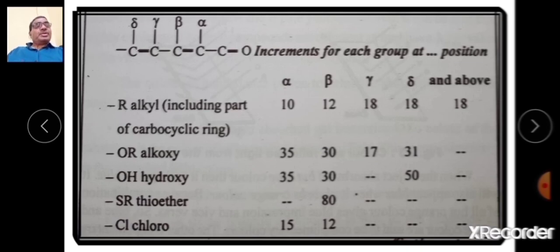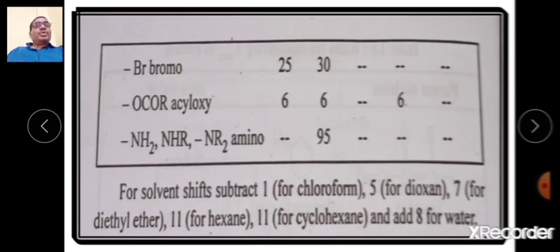Thioethers, when present on the beta position, add 80 nanometer to the base value. When a chloro group is present on alpha position, add 15, and 12 when it is present on the beta position. Again, when bromo is present on alpha, add 25, and on beta, add 30.